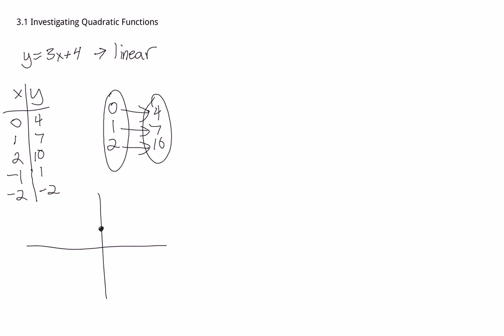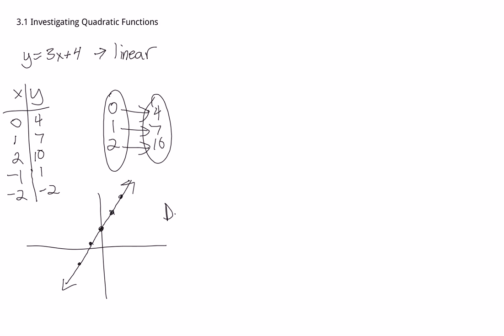So you could have 0, 4, 1, 7, 2, 10, negative 1, 1, negative 2, negative 2, and so on. We plot those points, and we would see that we'd have a nice straight line. So with these kind of functions last year, you could have plotted the points, done a mapping diagram, drawn the graph, and we'd see we always get a nice linear line.